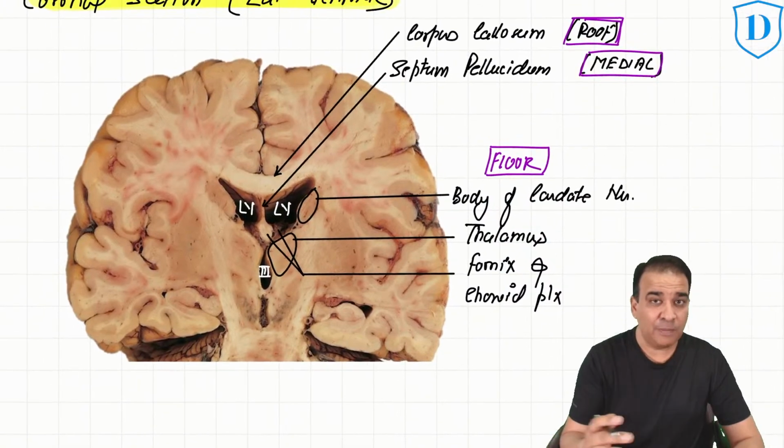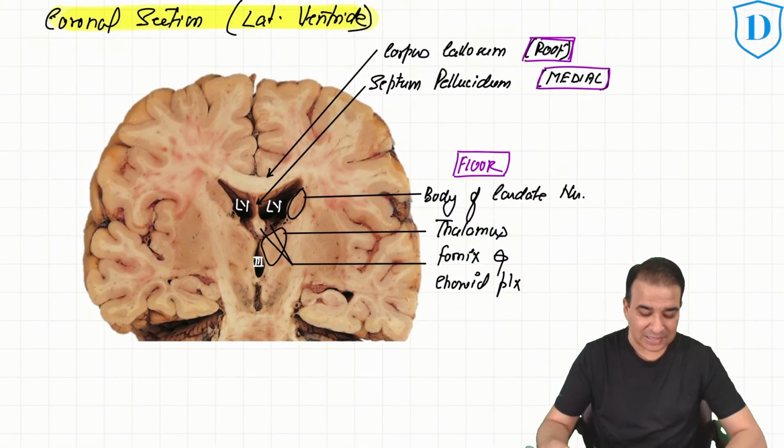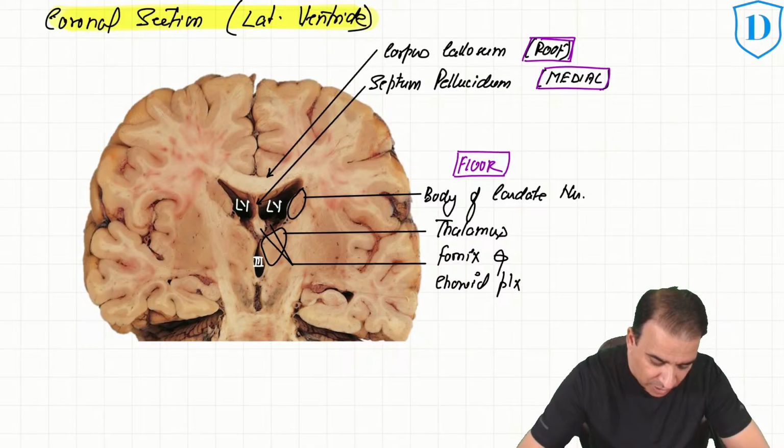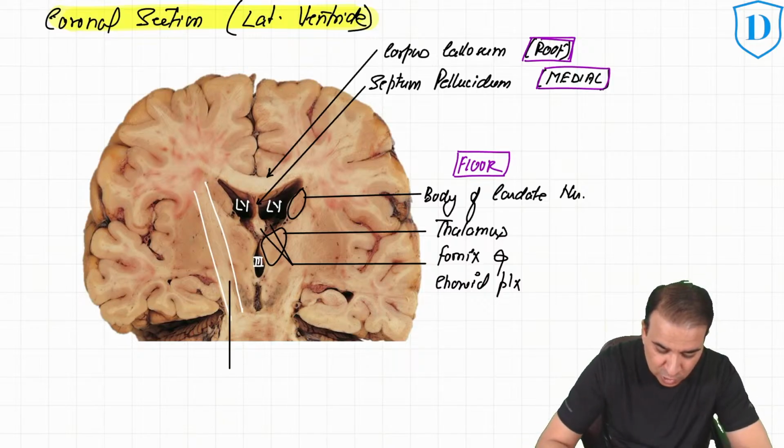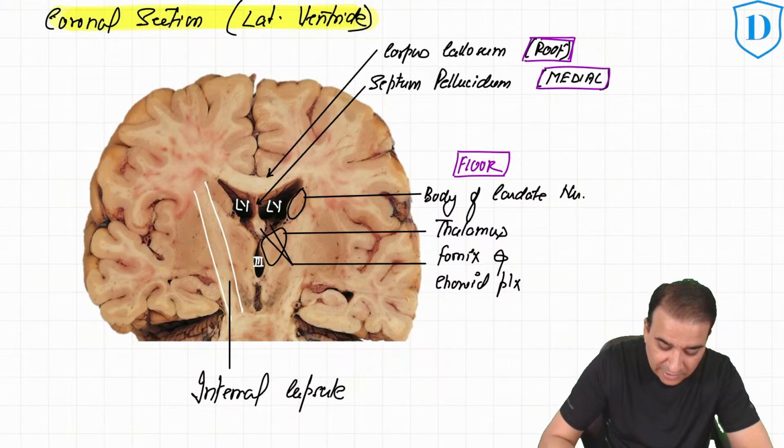Okay, if I go a little beyond, if I look further, what else can I see? Outside this caudate nucleus and this thalamus, there is this internal capsule. That's how the internal capsule is going to look in the coronal section. Internal capsule identification is also one of the image-based questions asked to you guys.